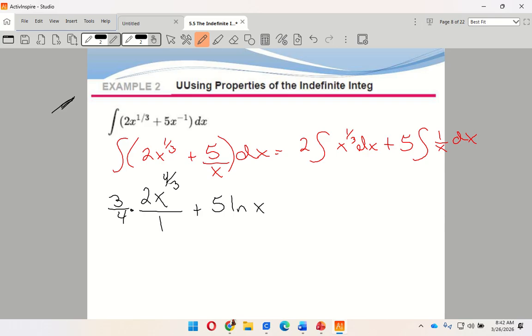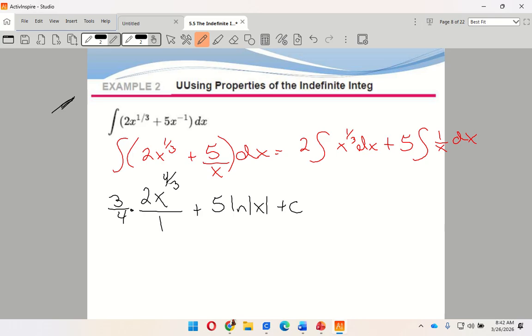Am I missing anything? Plus c. Am I missing anything? Well, you can simplify the fraction. I could, but there's something else to make this true. Absolute value. Absolute value here is important.